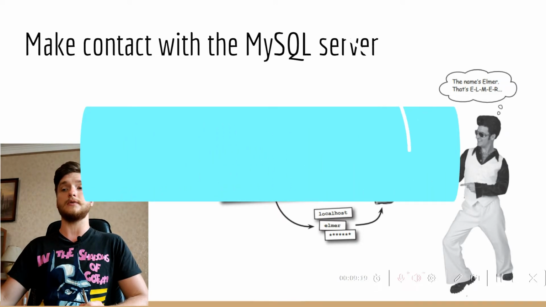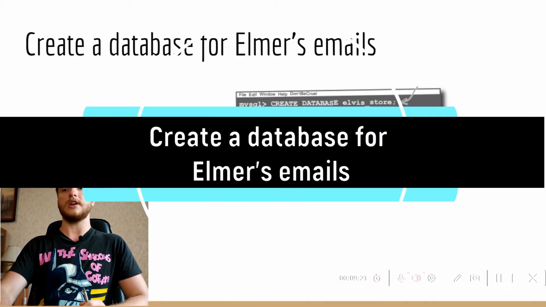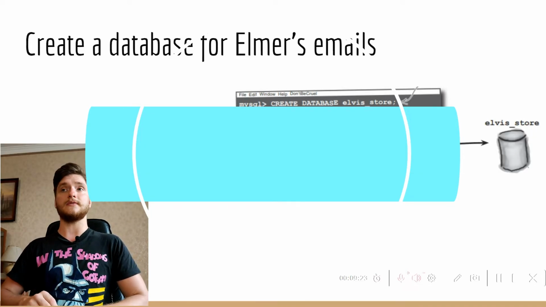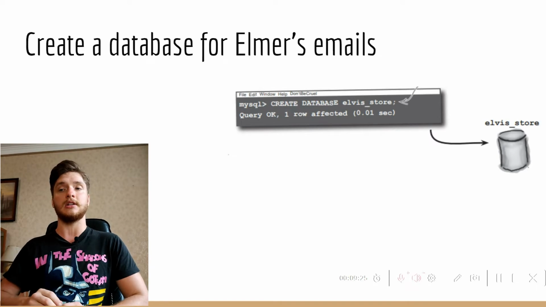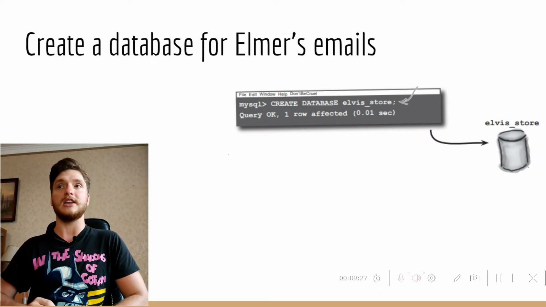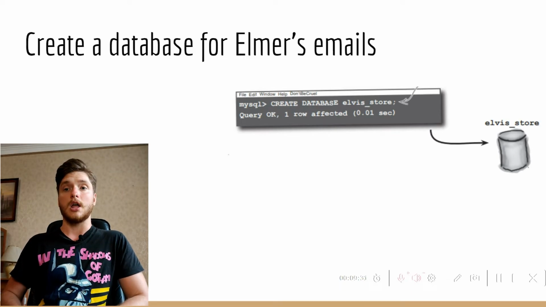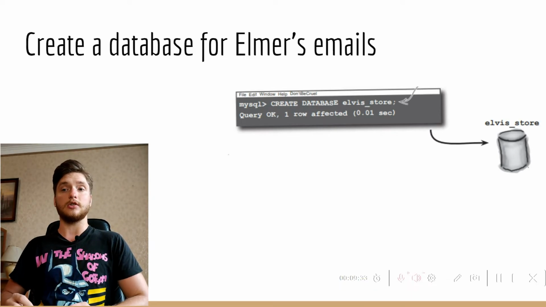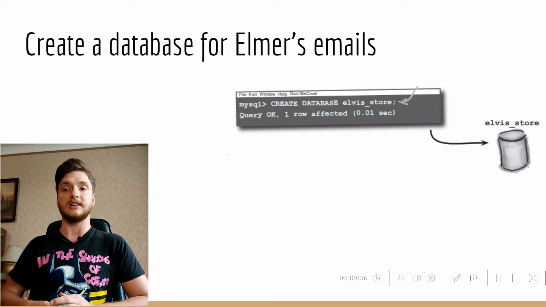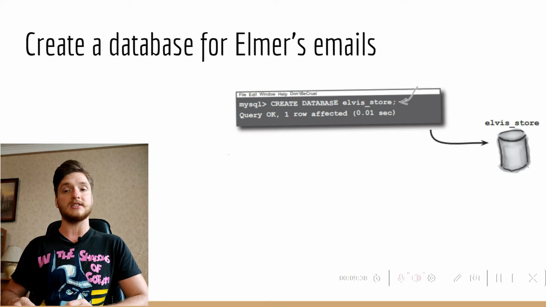Create a database for Elmer's emails. To create a new table and database for Elmer's email list, first we need to create Elmer's database, which will hold the email list table. We will use an SQL command to create both. The SQL command used to create a database is create database, which you used briefly in the previous chapter.